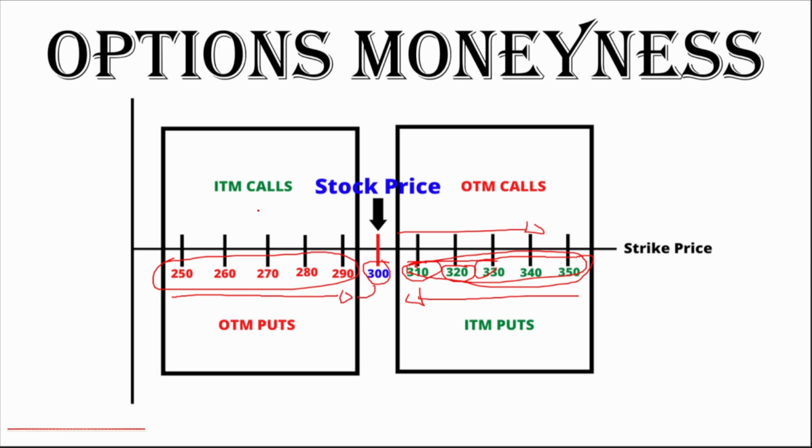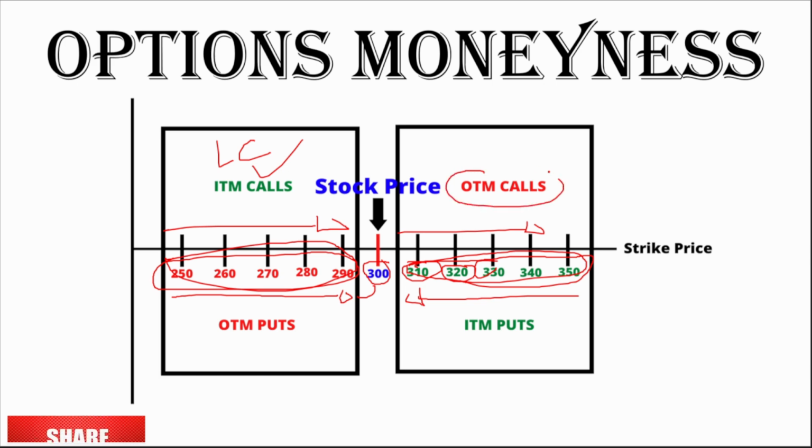But if you bought a long call option, you'll be making money because the $300 is above all these strike prices. So here, if you have a long call, you're making money. Here, you're losing money. Why? Because as a long buyer, you'll be losing money. The person making money here is the call seller. Why? Because the $300 hasn't breached any of these strike prices.